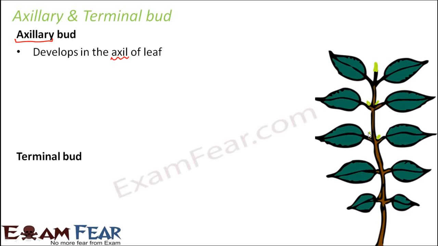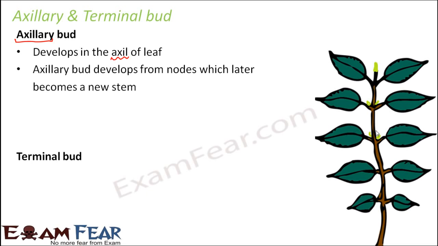So these are my axillary buds, which grow at the base of the leaf. Axillary buds develop from nodes which later become a new stem. So here you can see these are the nodes of the stem, right? So the axillary buds generally develop at the nodes and these later will become a new stem or a new branch. This is also known as lateral bud.